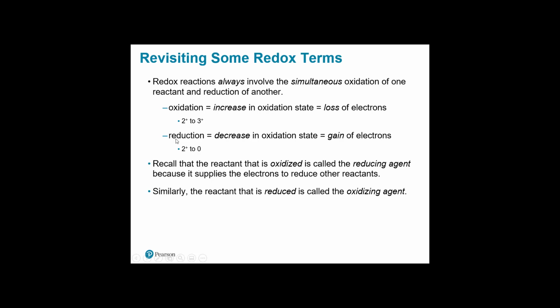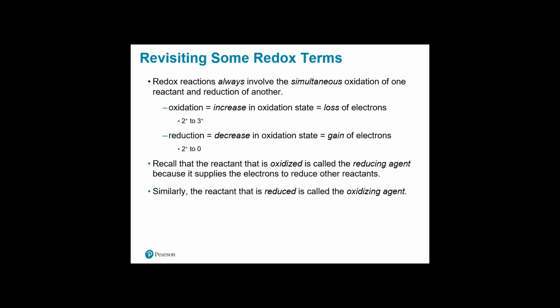For reduction, you decrease an oxidation state, meaning you gain electrons. If you have a 2+ charge and you gain 2 electrons, you are now at a 0 state, which is a natural state. In some cases it'll be a solid, so it goes from an ionic form to a solid with those 2 electrons. It is now reduced, a decrease in oxidation state. The other is oxidized, increased in oxidation state, and it has lost electrons.